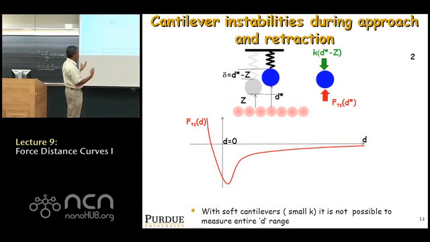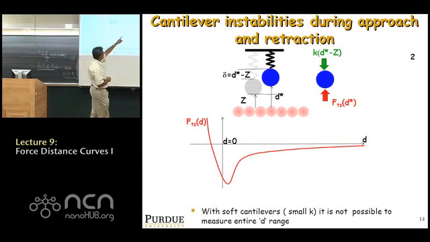We discussed this before. Now, what we want to do is, given this F versus D, we would like to predict what F versus Z will look like, okay? And in order to do that, we look at the free body diagram of the tip shown on the right.